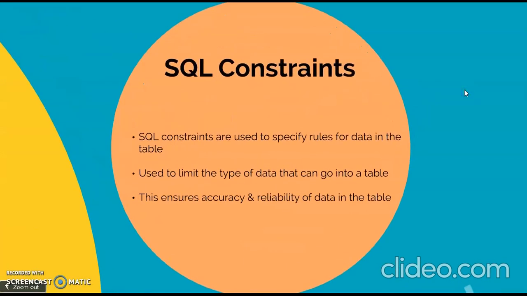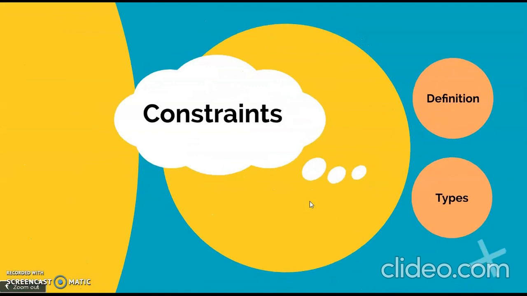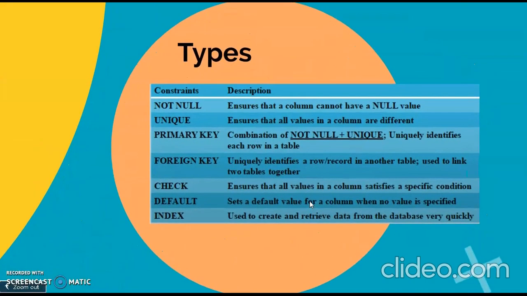SQL constraints are used to specify rules for data in the table. They limit the type of data that can go into the table and ensure the accuracy and reliability of data in the table.